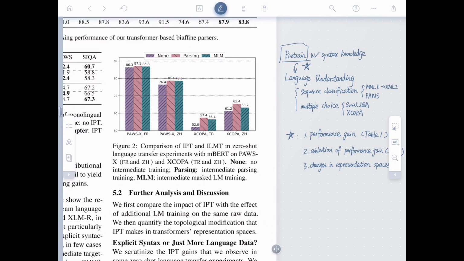So you can see in figure 2, ILMT, represented by MLM, the green bars, have almost the same, and also significant, performance gains in comparison to the baselines, but slightly less than the parsing pre-training.